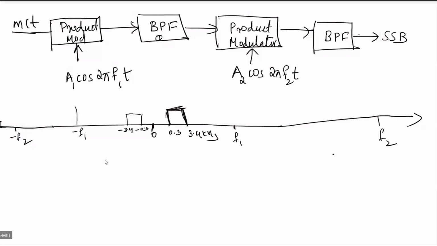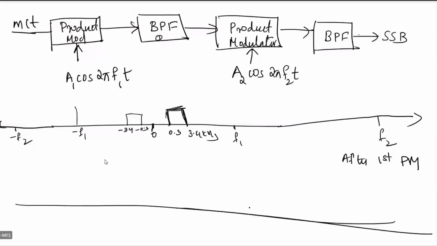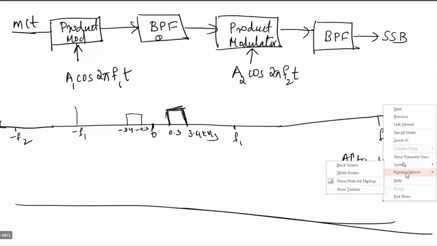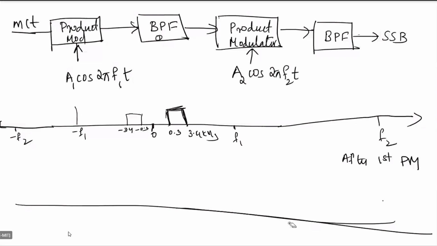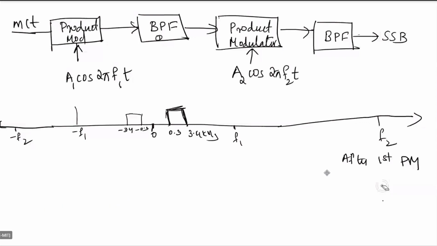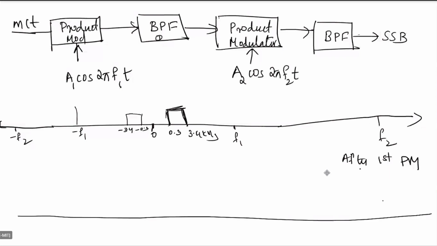After the first product modulator, what will be the graph? So here is my 0. What will be the output?